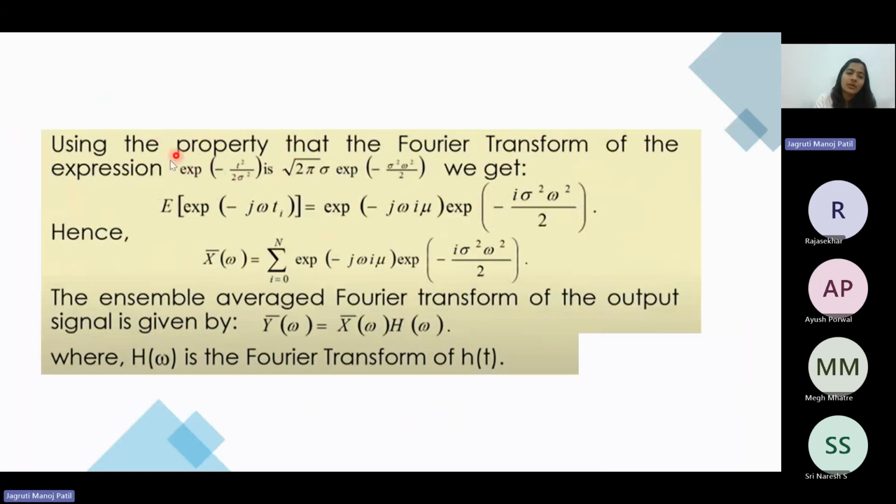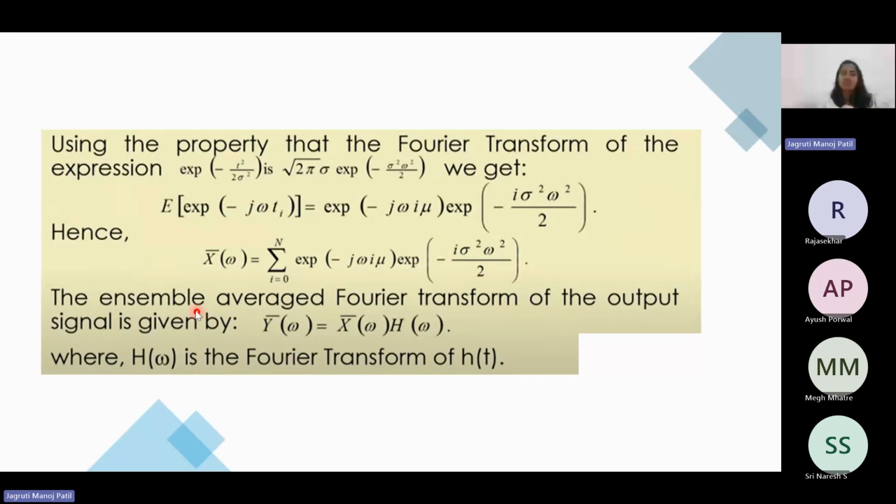They know that the Fourier transform of this exponential is already something like this. For that, you need to go and see the time and frequency properties of the Fourier transform, and you'll be able to see how we get this, because it is essentially the scaling property and then changing this variable to this. So you get the square root of 2 pi. We get this expectation and then change it. So this is how we get the mean of the signal.